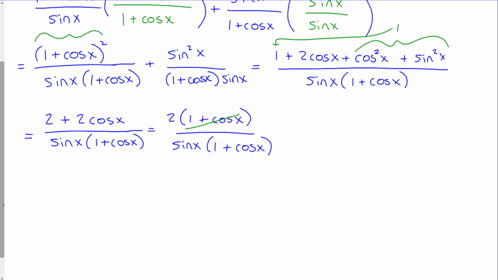The whole factor, 1 plus cosine x, is going to cancel out in each one and leave me with 2 over sine x, which I could think of as 2 times 1 over sine x, or 2 cosecant x. So I'm now at the right-hand side of the equation, and I've proven my identity at that point.